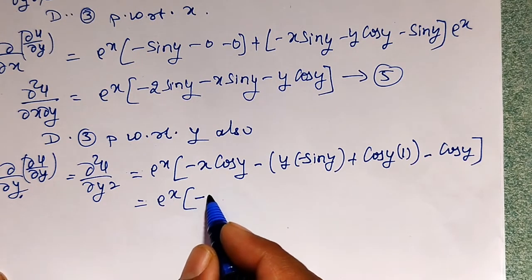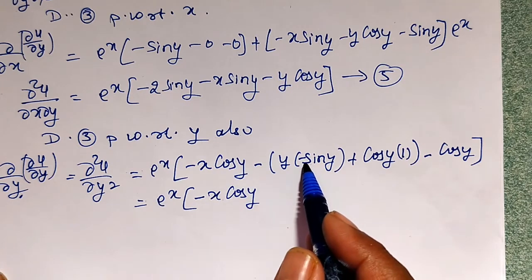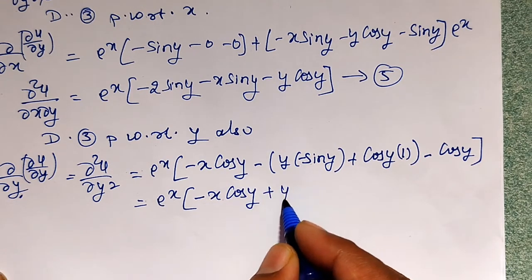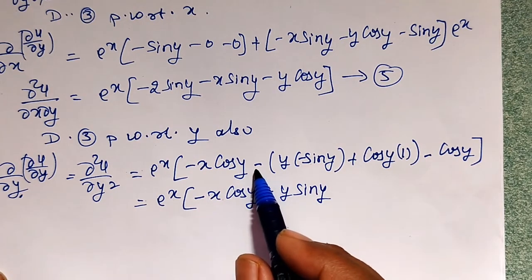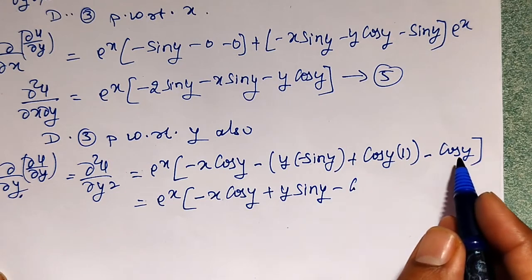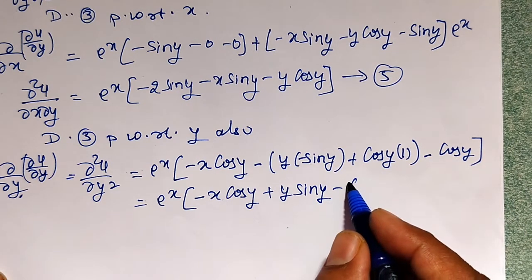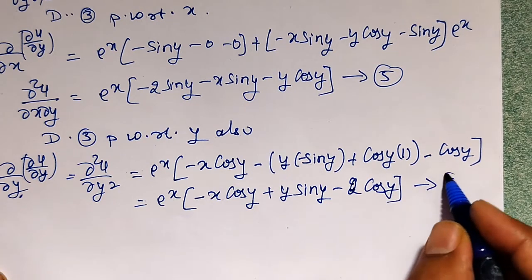Let me write as it is: minus x cos y, plus y sin y. Next, plus cos y minus cos y, minus 2 times cos y. This is equation number 6.